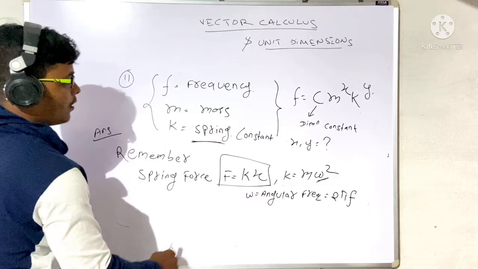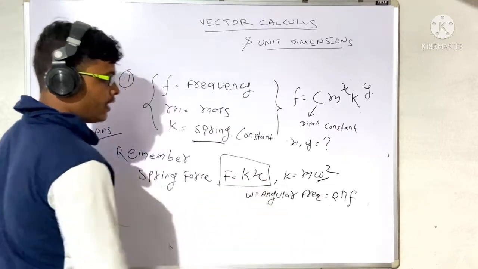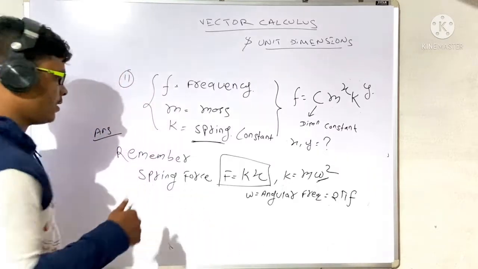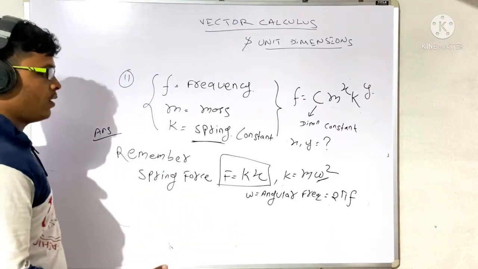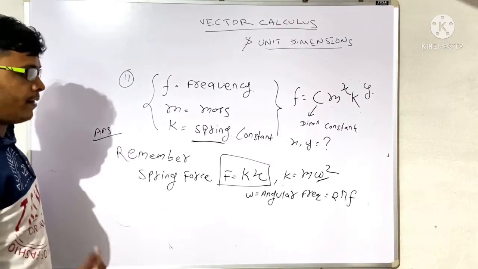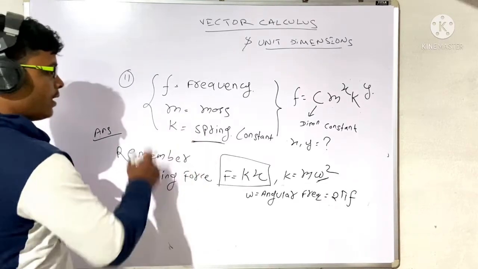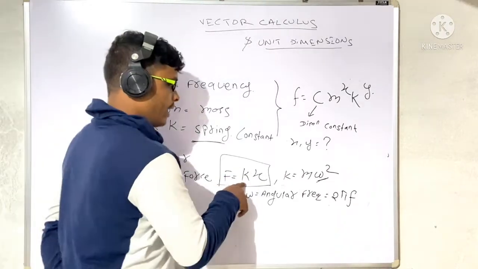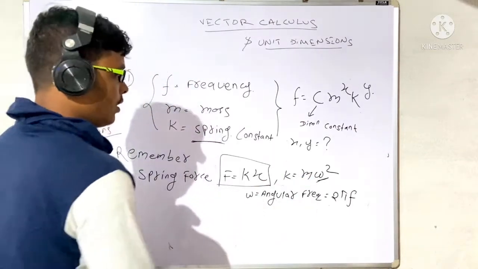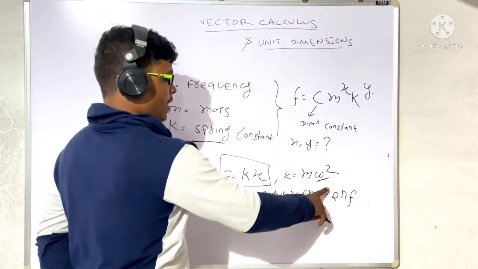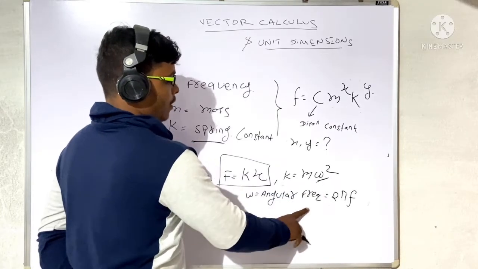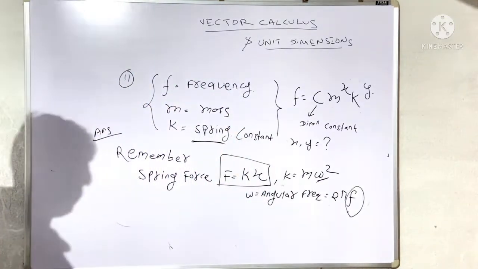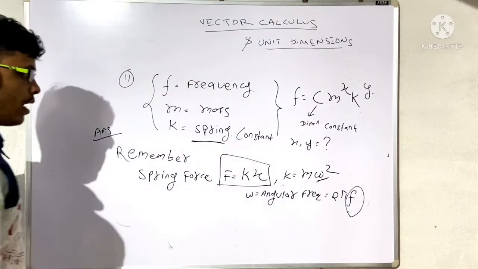K is the spring constant. What is x? X is the extended length, which we will discuss more in the spring force classes. That is simple harmonic motion, a new topic we will discuss later. So just remember, k is the spring constant and x is the extended length, that is a length. And k equal to m omega square is the relation between the spring constant and the angular frequency. Omega is the angular frequency, 2 pi f, where f is the linear frequency.